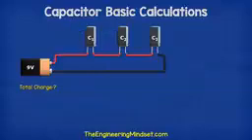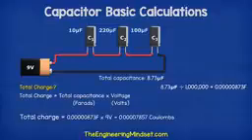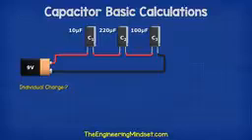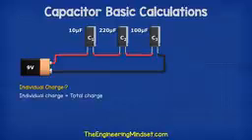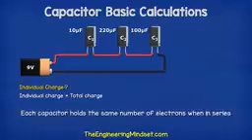The total charge for the 3 series capacitor circuit is therefore 0.00007857 coulombs. The charge held by each capacitor individually is very easy to calculate in the series circuits. That's because it's the same as the total charge. Each capacitor holds the same number of electrons when in series.